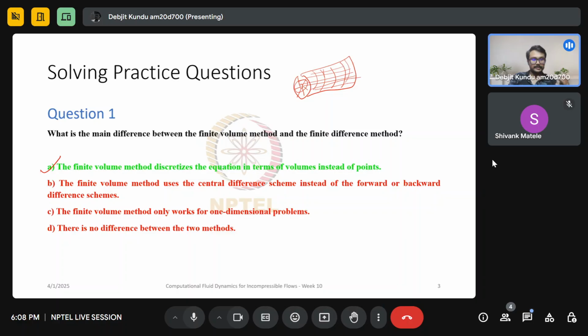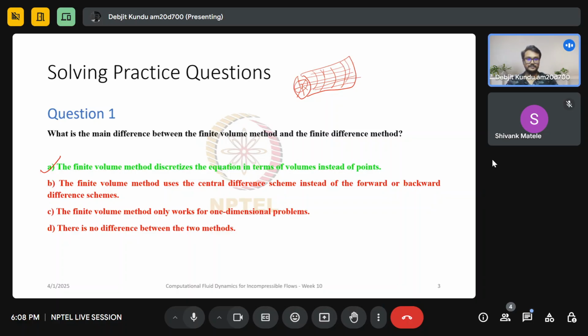And if I can do this for small enough elements, or these finite volumes that I've discretized into, then I can get a continuous solution for the flow field. That's the main philosophy behind the finite volume method.